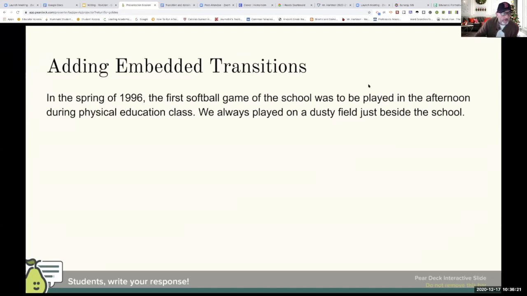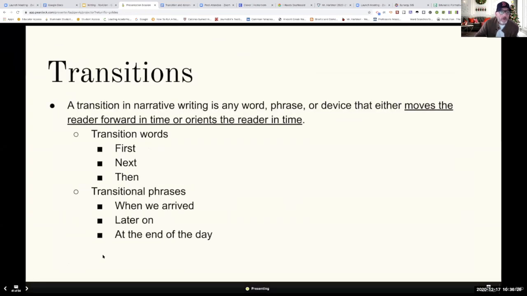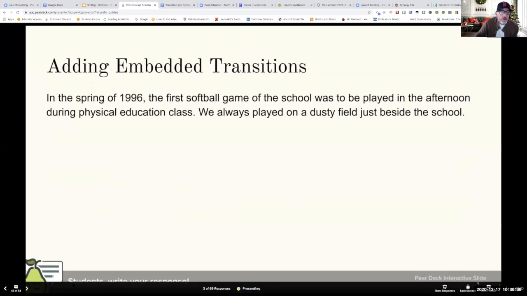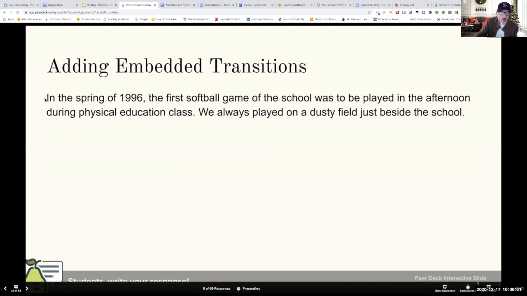Remember, we are looking for a word or phrase that moves the reader forward in time or orients the reader in time. The first one, and I'll give this one to you, is "in the spring of 1996." That would be the first thing that you write.